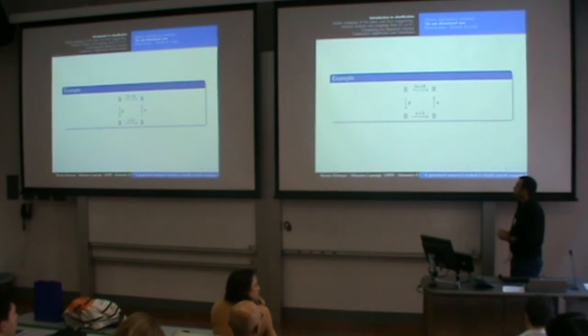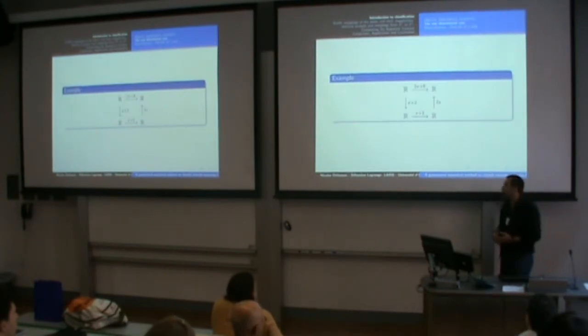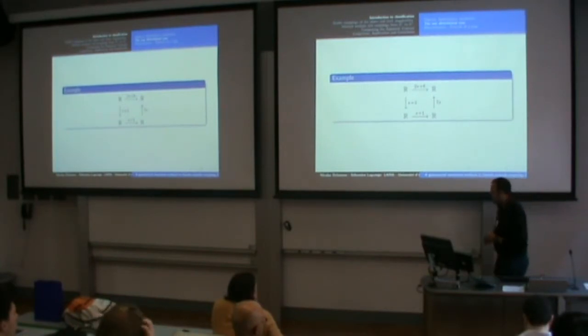So here is an example. You have two maps. The first one is 2 times x plus x, the second one x plus 1. They are in relation, they are equivalent, because you can find an explicit change of variable that gives you that this diagram commutes.